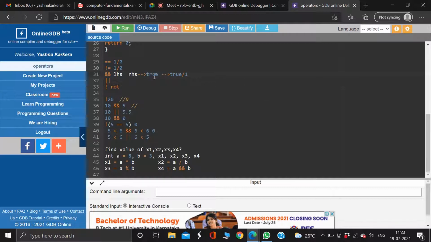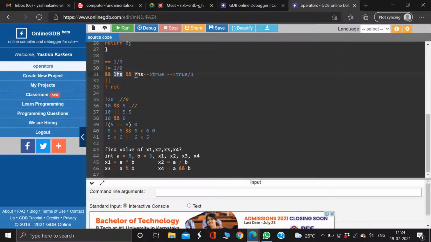It will not check the second part. If both conditions are true, my output is 1. But if at least one condition, that is LHS, becomes false, then my answer will be false, and when my answer is false, I get 0.